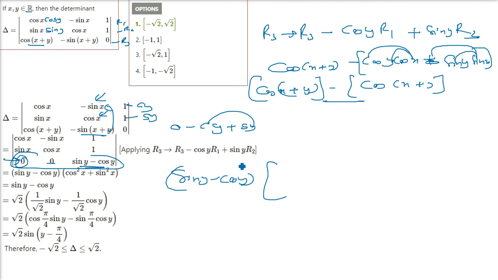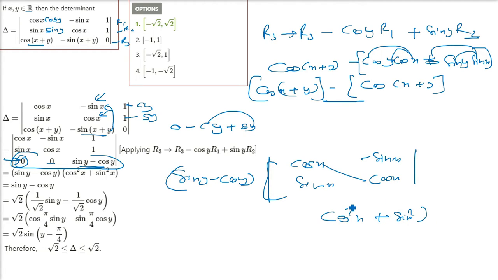Here you get cos x minus sin x, cos x. Cos x, sin x minus sin x, cos x. Right. So you get cos square x, and minus will become plus, cos square x plus sin square x. So this is going to be 1. So you get sin y minus cos y.